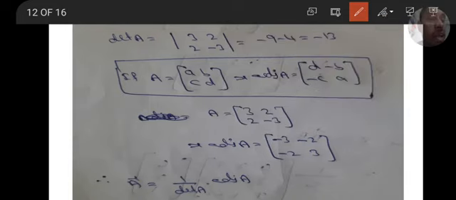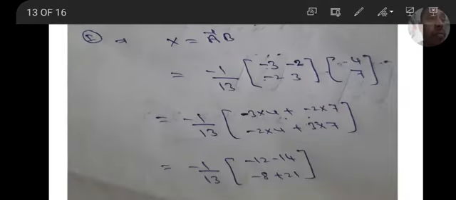So substitute these values in A inverse. A inverse will be minus 1 by 13 into [minus 3, minus 2; minus 2, 3], and the B matrix is [4; 7]. So minus 1 by 13 as it is, multiply [minus 3, minus 2; minus 2, 3] into [4; 7].